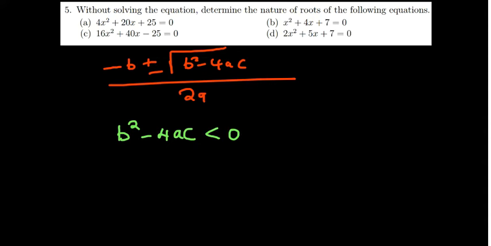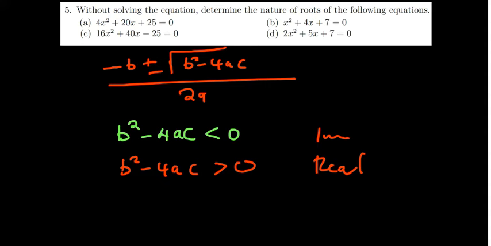So whenever b squared minus 4ac gives us a negative value, or it is less than 0, the roots are imaginary. Whenever the value is positive, we say greater than 0, the nature of the roots are real.